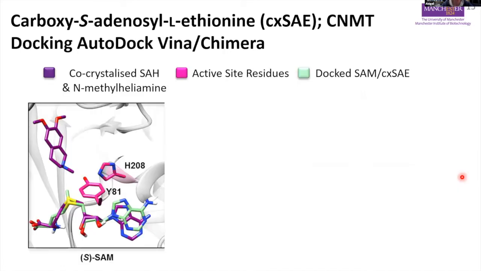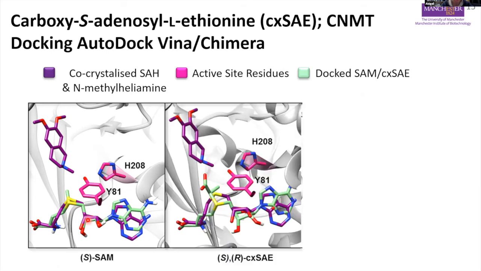Going on to the CNMT active site and seeing whether CNMT itself would utilize S or R carboxy-SAE, we did some docking studies. So in green here, you can see the docked SAM sits directly over the crystallized SAM in the crystal structure. So it's a proof of concept that our docking studies are actually working okay. And when you add in SR carboxy-S-adenosyl, so S at the sulfonium center, R at this center, you can see that there's a shift out of the active site.